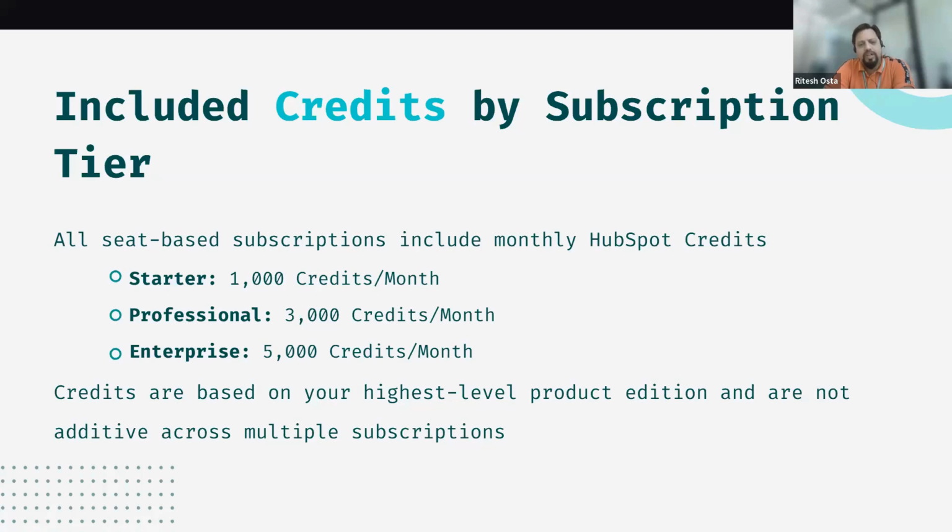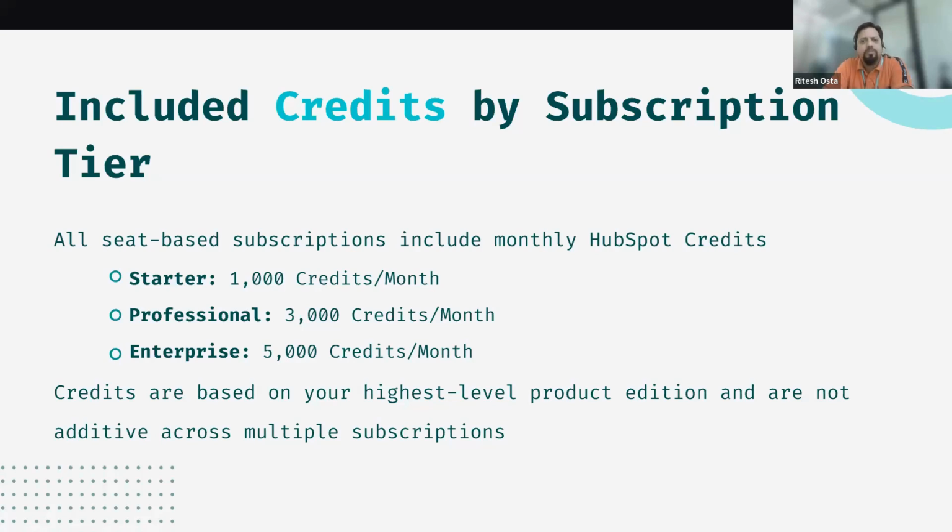So the pricing is not very clear in terms of enterprise, but it can be anywhere between $15,000 a year to $50,000 a year, depending on what you need. So that's the free credit that you're going to get if you take any one of these packages.